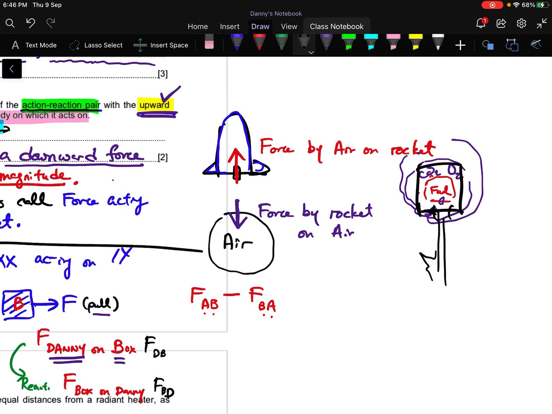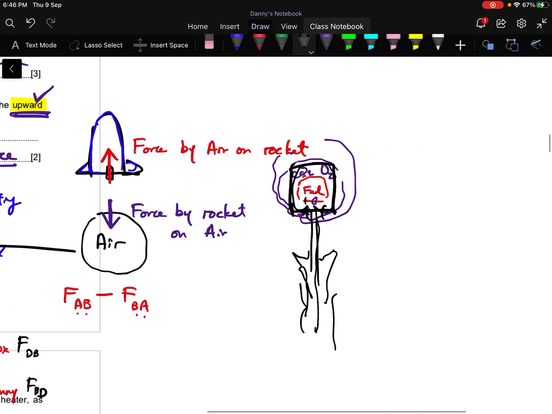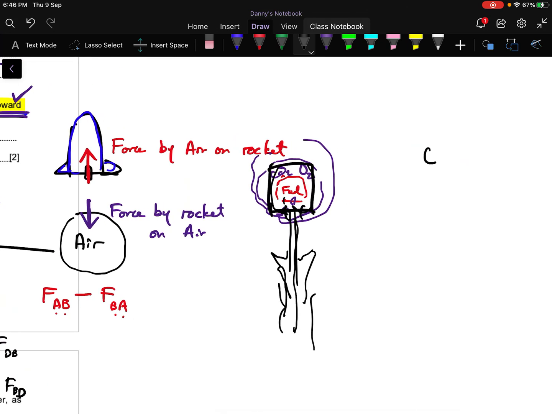Then you introduce an outlet, so all this air produced by the combustion will come out. So it becomes like the rocket is pushing this air down. As a result, the air pushes the rocket up. So that's how a propulsion system works. You have to push something out in order to go forward.